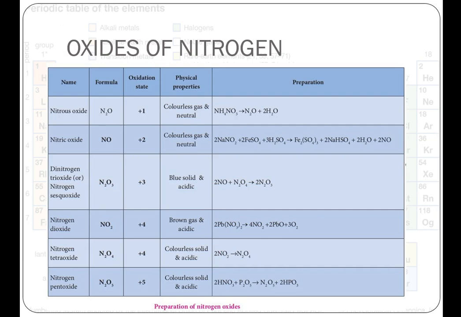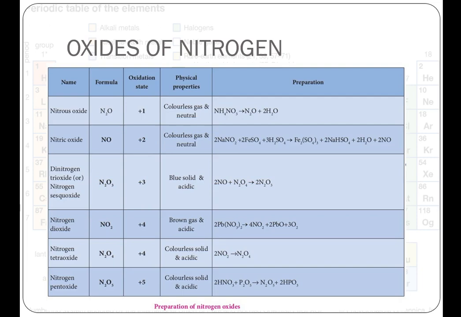It is colorless and neutral, and can be prepared by heating ammonium nitrate. Then nitric oxide with +2 oxidation state, colorless and neutral, can be prepared by the action of acidified ferrous sulfate on NaNO2.